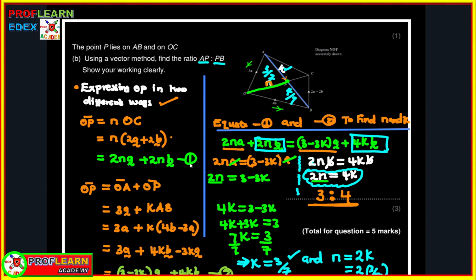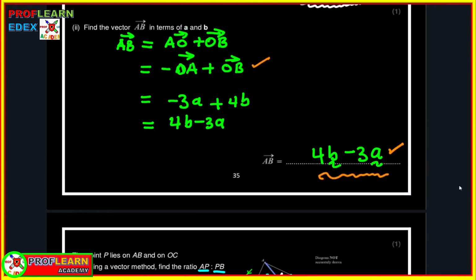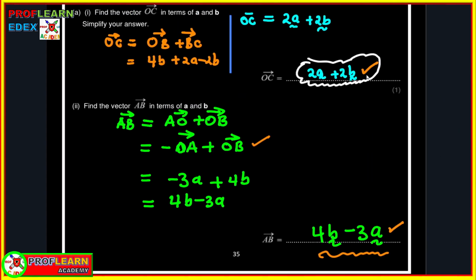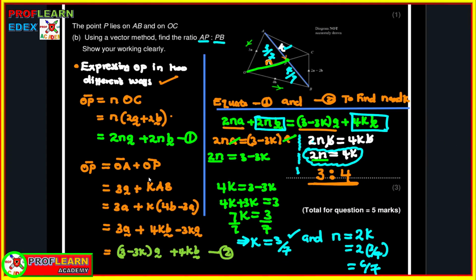So if you go down and simplify this, because we already know OC, we had gotten OC somewhere here. OC is here. So if we multiply this by N, that is going to give us our OP. That simplified and gave us the first equation.